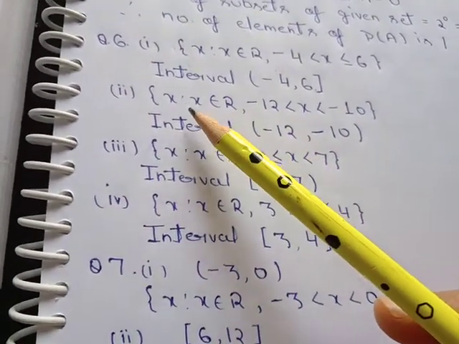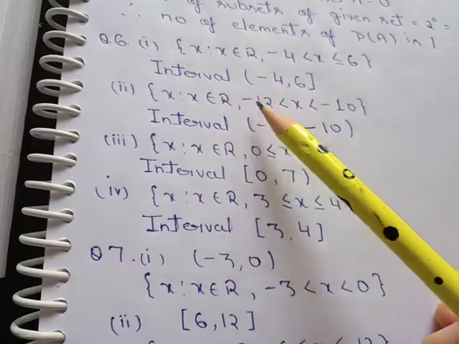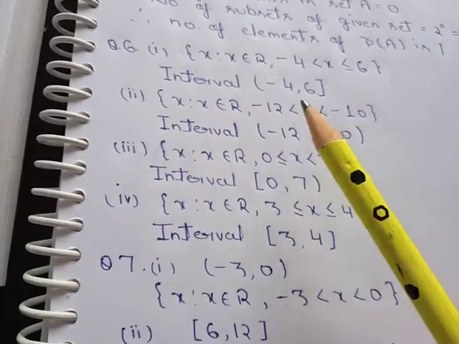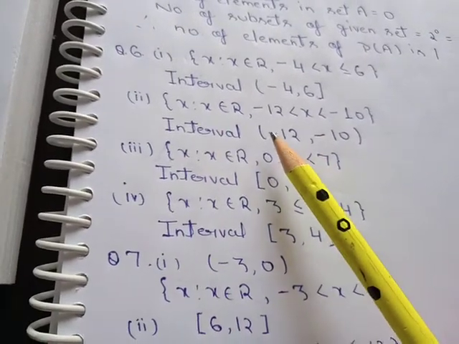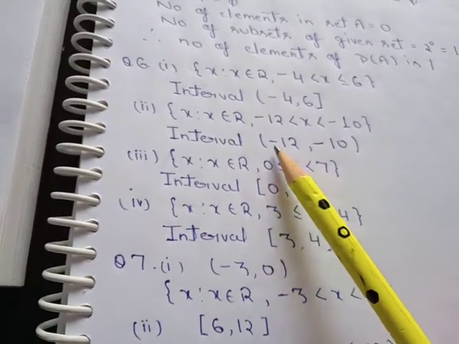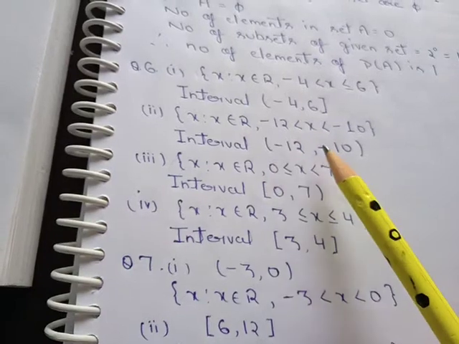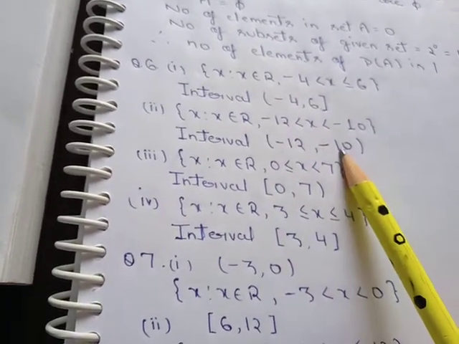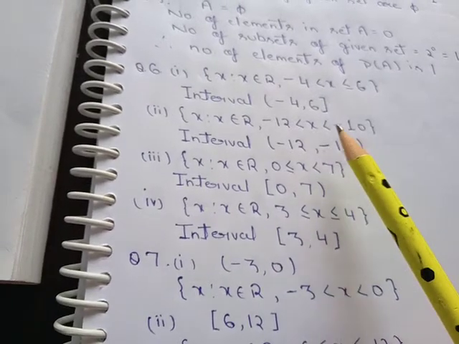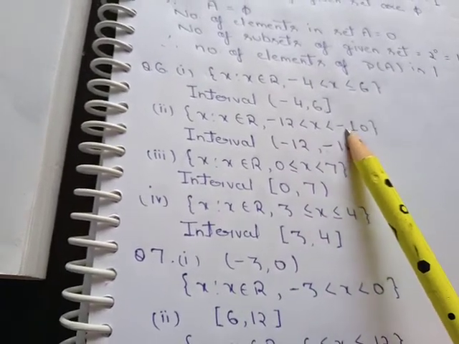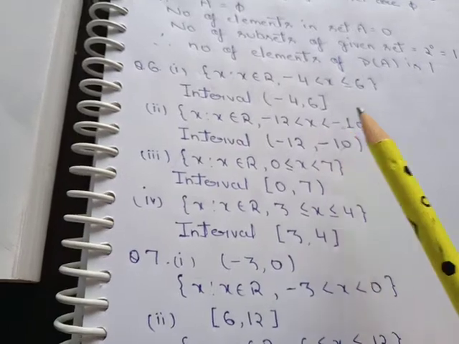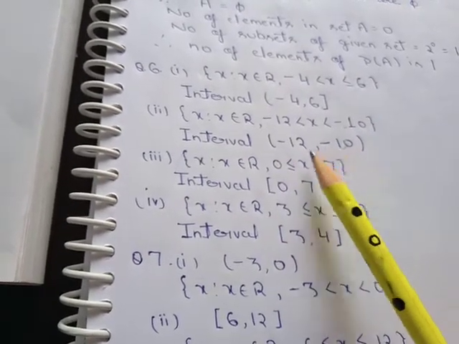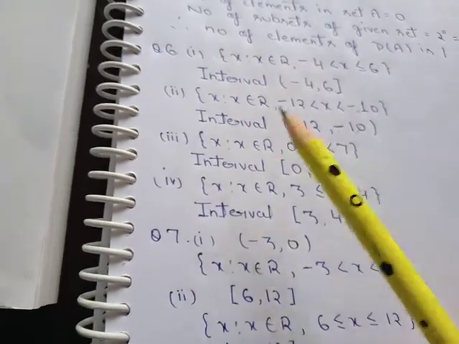Now second, x such that x belongs to set R, and minus 12 less than x less than minus 10. The interval is open bracket, minus 12 and minus 10, open bracket. It means minus 12 and minus 10 are not included in this interval, and all the elements between minus 12 and minus 10 are included in this interval.